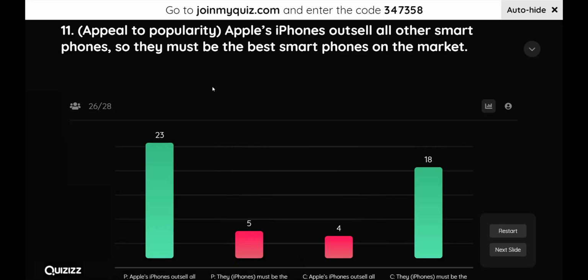Just the way that the sentence is set up. And a bit like the phrasing in the sentence up here, Apple's iPhones outsell all other smartphones. So that's another thing that indicates this is probably going to be your conclusion. You're saying, so this is what you're deducing, right? This is the conclusion that you're deducing.